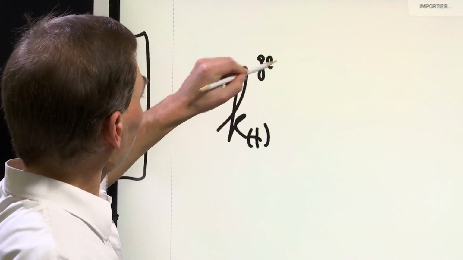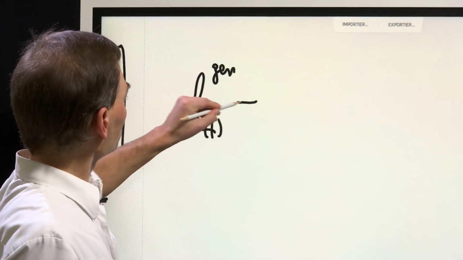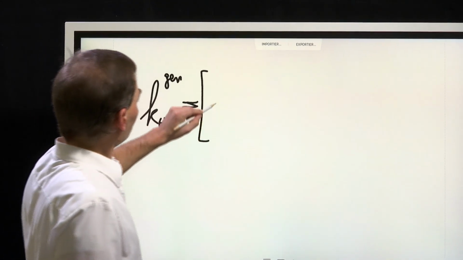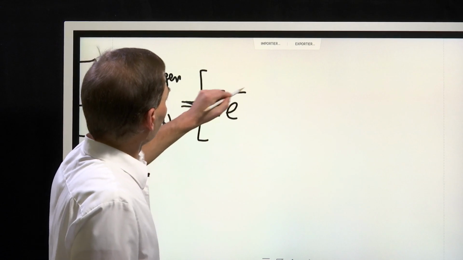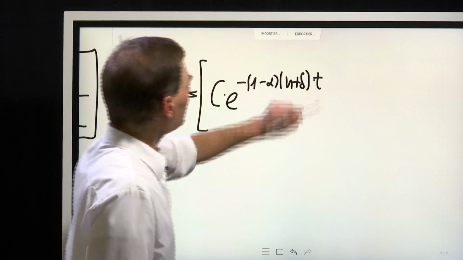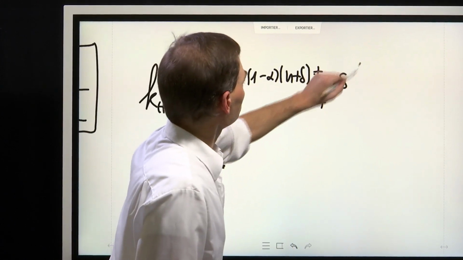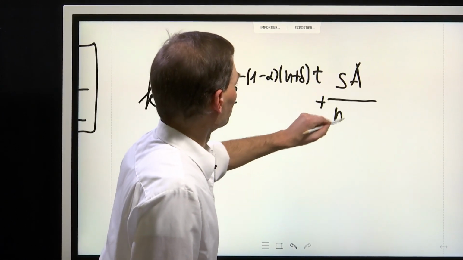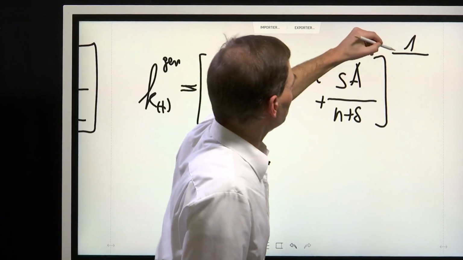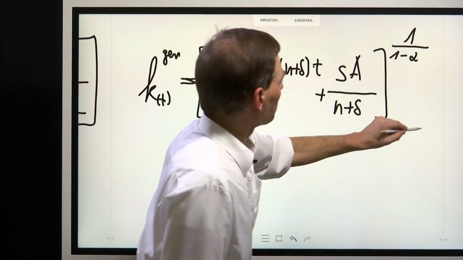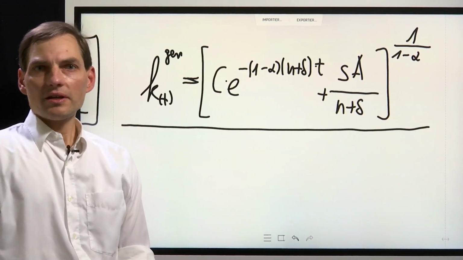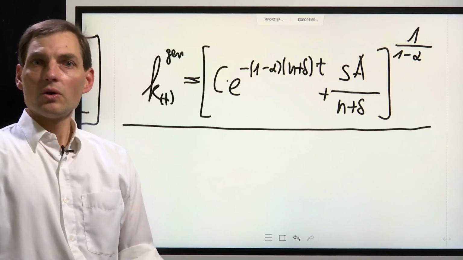The solution in general of my capital labor ratio in the Solow model is the following function: c e to the minus 1 minus alpha n plus rho of t, plus the inhomogeneous part, which was s times a over n plus rho. And now we have here the exponent, as I told you, just to the power of 1 over 1 minus alpha. This solution is the solution of the ordinary differential equation in the Solow-Swan model.